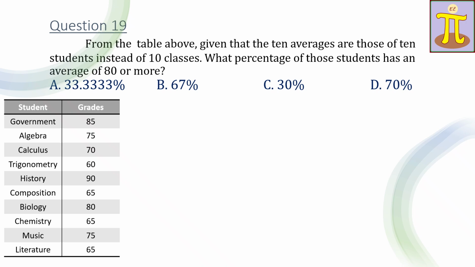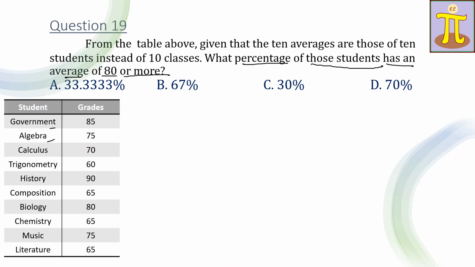So just saying, the students are named government, algebra, and so on, as shown in the chat right there. So we say the percentage of those students who had an average of 80 or more.